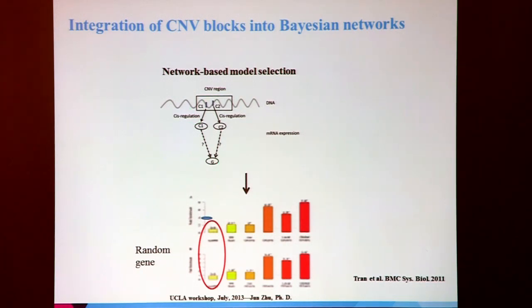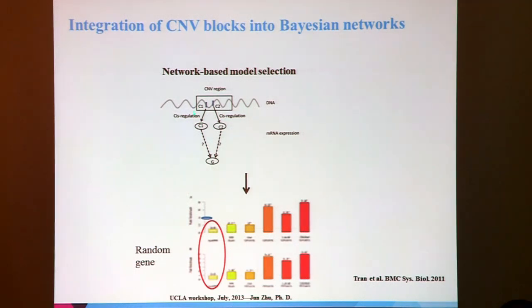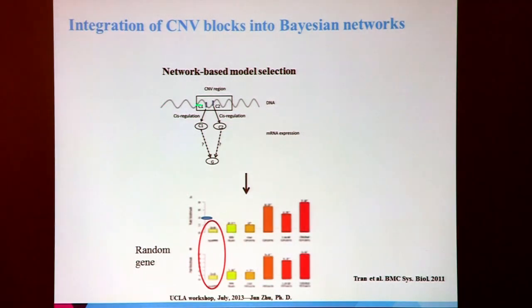You can test the overlap and see which one is more specific. For example, this one has a lot of copy number variation in a large copy number block, so which one is more likely to be a key regulator with a key signal, and which one is more likely to be a passenger, just a station, while some are key regulators.